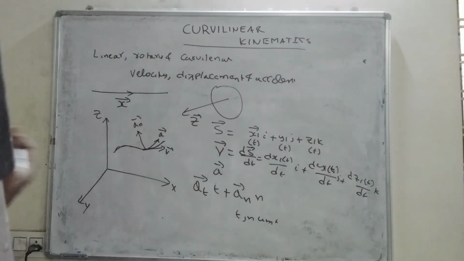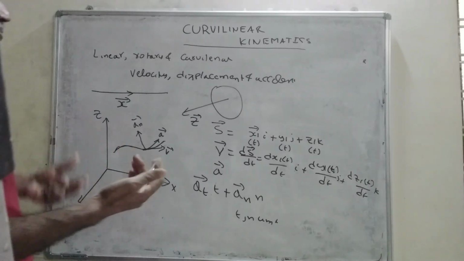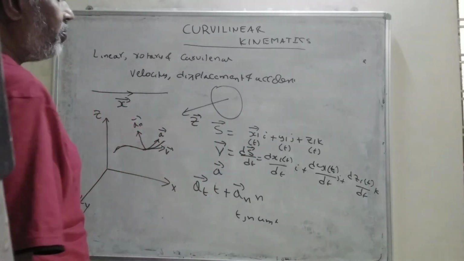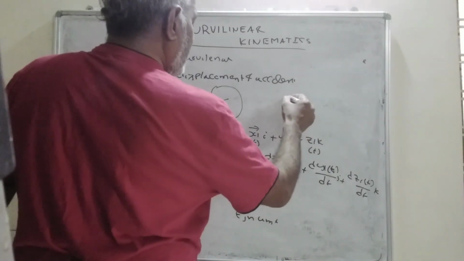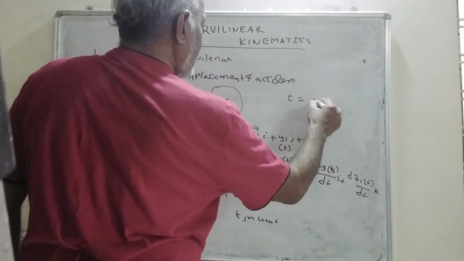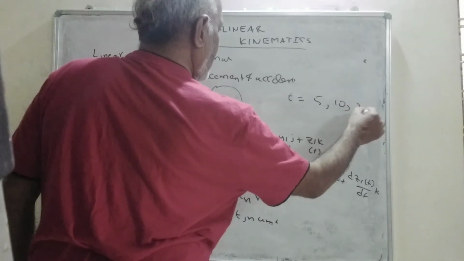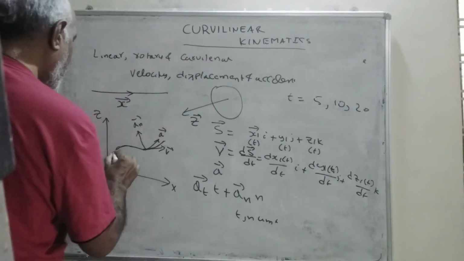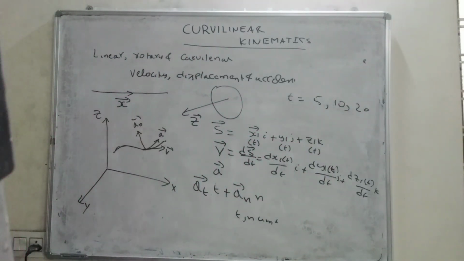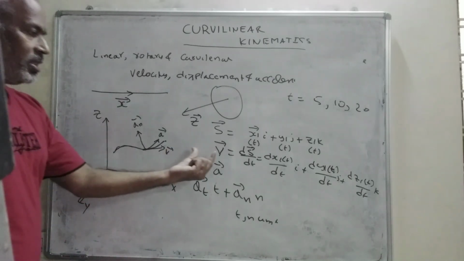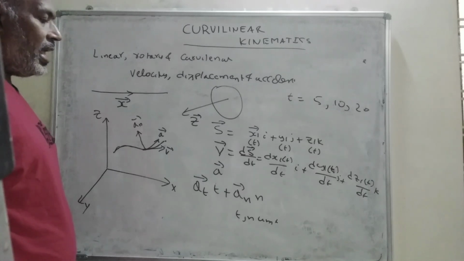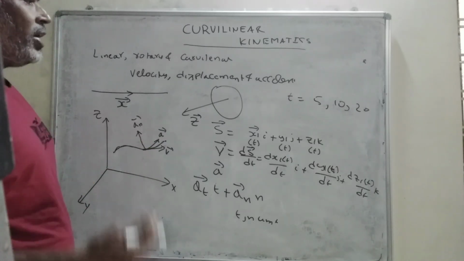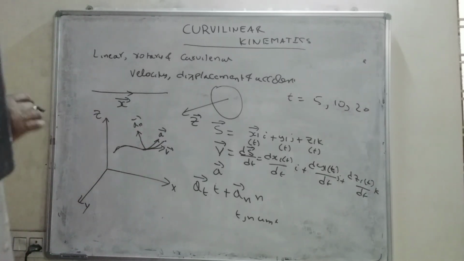So that means the analysis is going in this way. First, displacement will be given in terms of t. Say time t is equal to 5 seconds, 10 seconds, 20 seconds, like that, from the beginning of the path to the end of the path. You are going to determine the velocity at that particular time, acceleration at that particular time, and also we are estimating the tangential acceleration and normal acceleration.